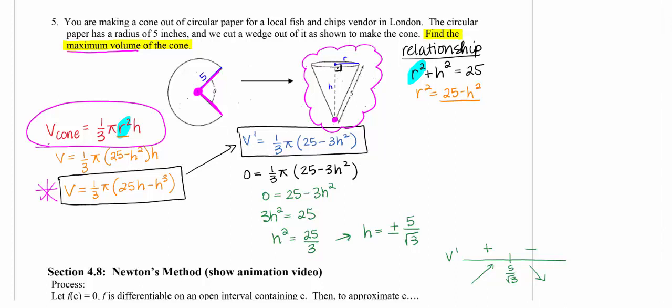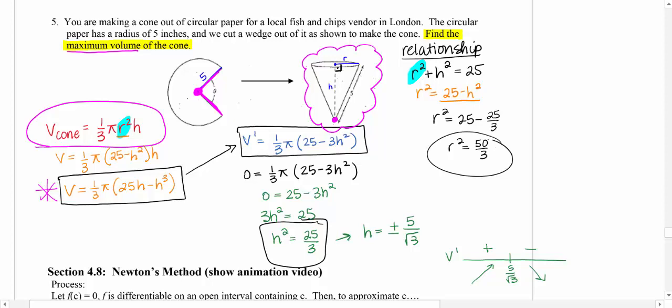I actually think in this case, because I have a good relationship function over here for r squared, I know r squared will be 25 minus h squared, and I know h squared is 25 thirds. So r squared, this would be 75 thirds minus 25 thirds. So r squared is 50 thirds. So that wasn't hard for me to find.